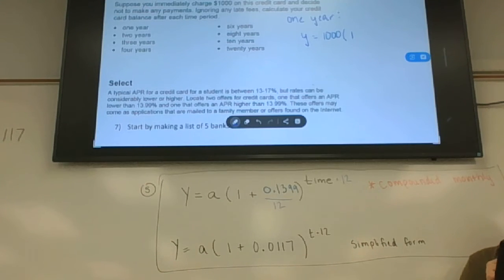So we're doing 1 plus the rate. So instead of doing 1 plus, why don't we go ahead and write this as 1.0117. And we're supposed to do the number of years times 12. So for 1 year, we're just going to do 1 times 12.